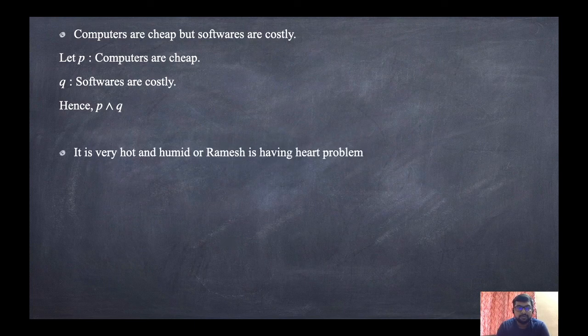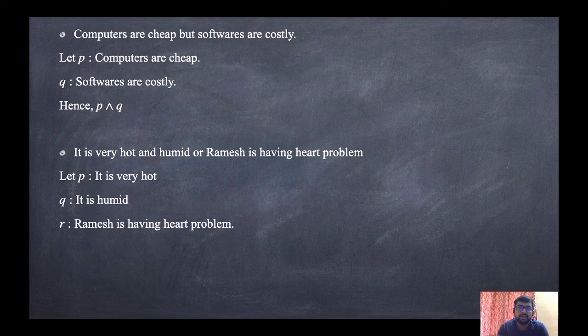Now next one: it is very hot and humid, or Ramesh is having heart problem. How many partitions will there be? Just think about it. I think there will be three. It is very hot, second, it is humid, and third, Ramesh is having heart problem.